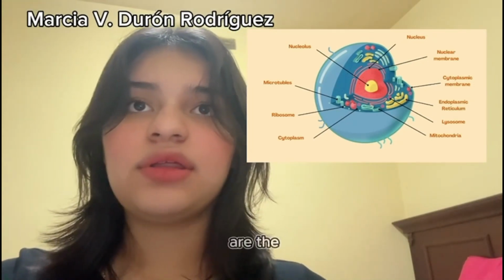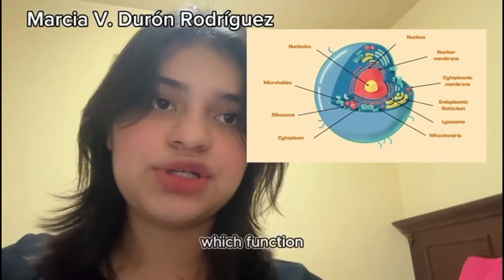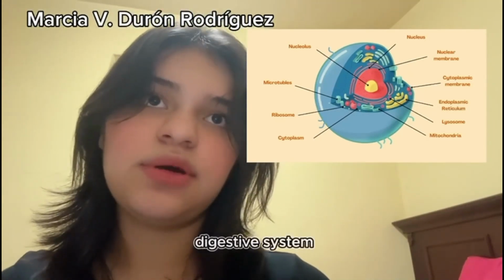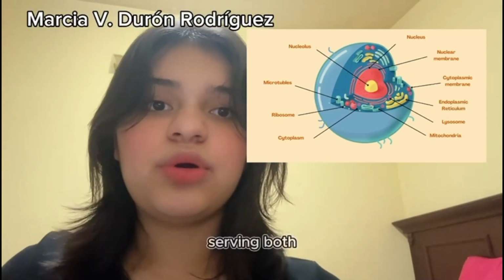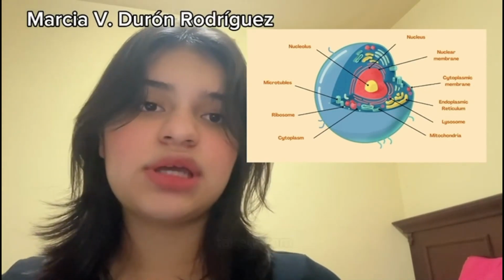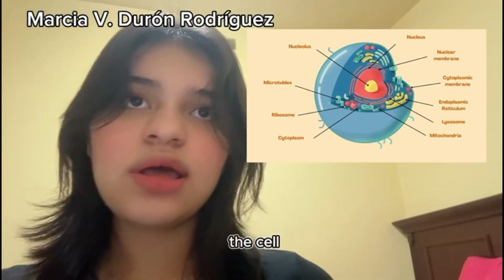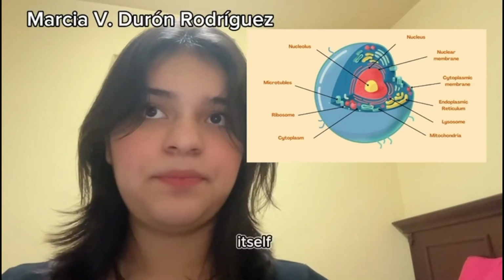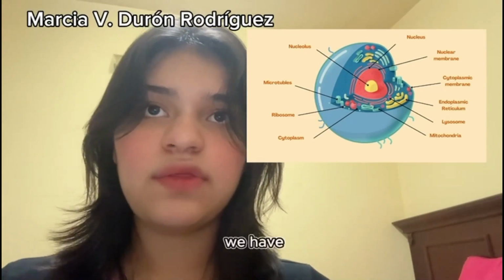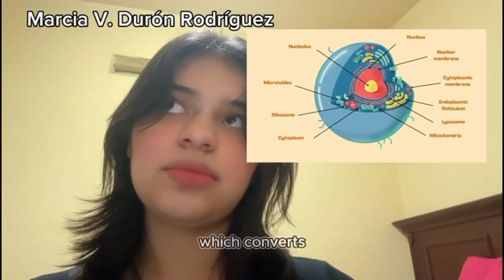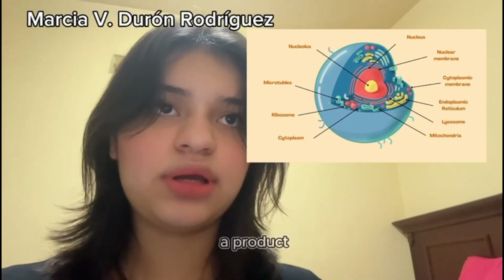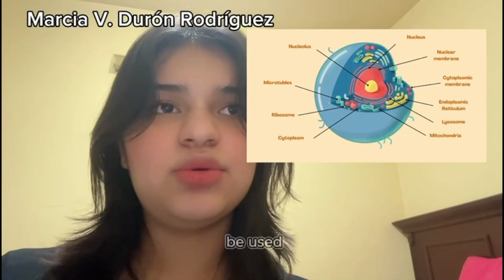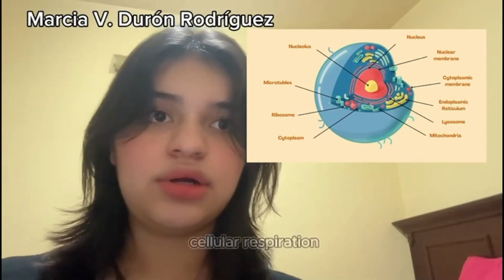Then there are the lysosomes, which function as the digestive system of the cell, serving both to degrade material taken from the outside of the cell and to digest obsolete components of the cell itself. After that, we have the mitochondrion, which converts energy into a product that can be used by the cell through cellular respiration.